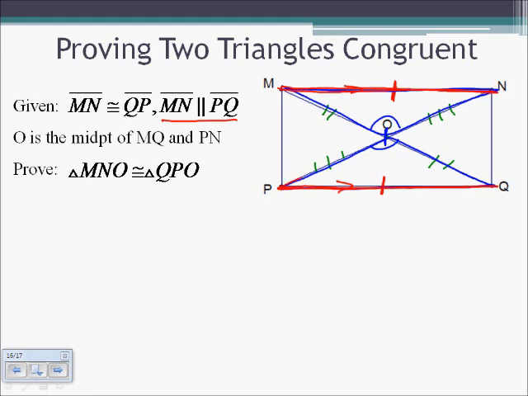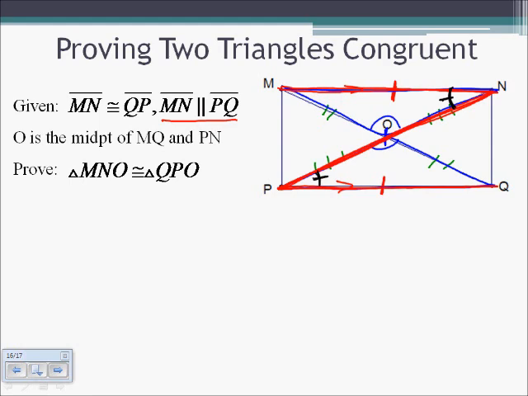And if I just fill in one of them, going from M to P, what does the red form? It forms a Z. And when the outside parts of the Z are parallel, we have congruent angles. So therefore, the angle inside here, MNO, is congruent to QPO here.